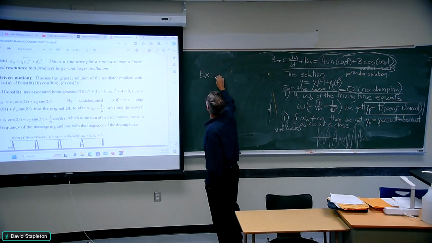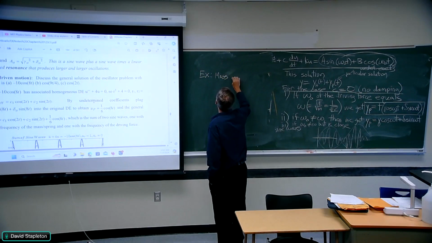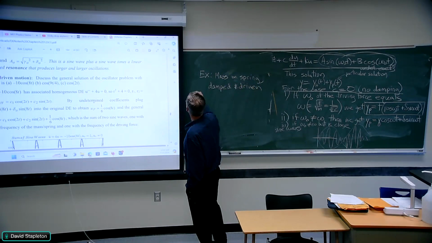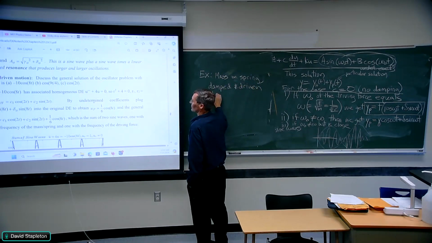Suppose I have a mass on a spring, subject to damping and driving. And suppose it's a unit mass, mass equals 1.